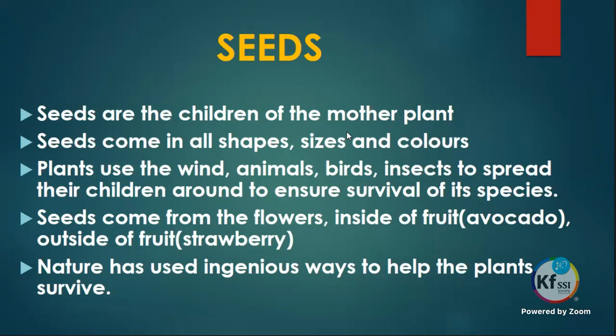And so nature, together with the plants, has found ingenious ways to ensure that the plants survive. We see this with the wind and the animals, and even birds taking seeds over long distances and dropping them. So there's a huge harmonious relationship between the plants and nature, everybody working together to ensure that the plants survive.